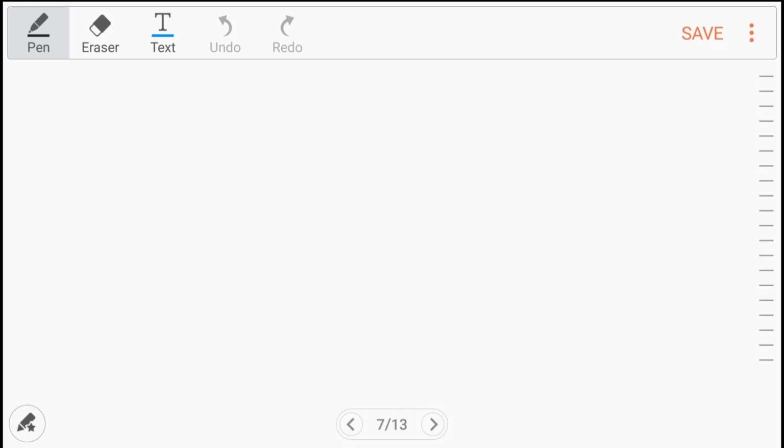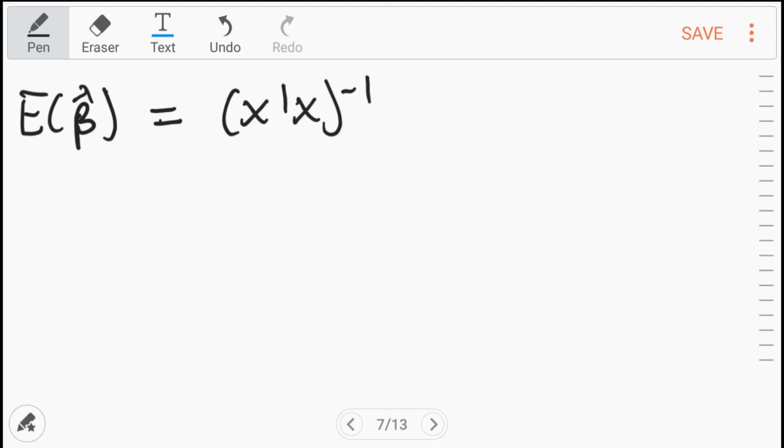This means that the expected value of beta cap will be equal to x prime x inverse times x prime and the expected value of y, because y is random. So now our interest is to find the expected value of y as well.